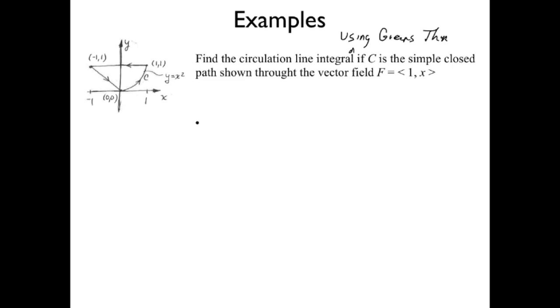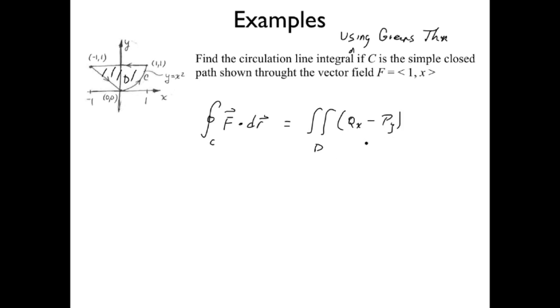So using Green's theorem would mean that this equals what? Double integral over the region enclosed, just D here, of partial of Q with respect to x minus partial of P with respect to y.